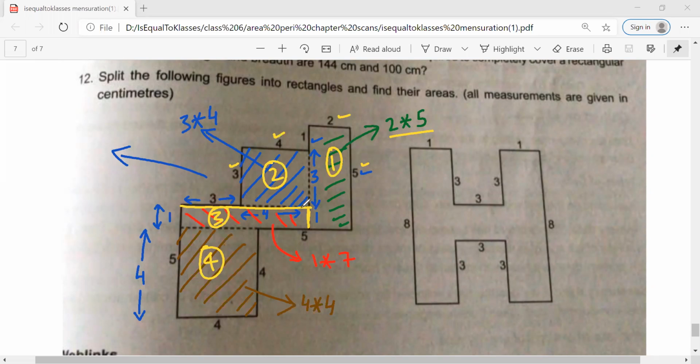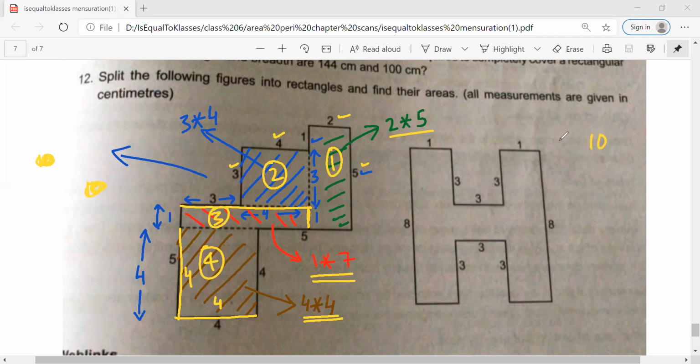Any doubt? No, sir. So the area would be 1 into 7. And finally, for this figure, whole of this is 4. This is also 4. So the area would be 4 into 4. Mr. Sarthak, any doubt? No, sir.